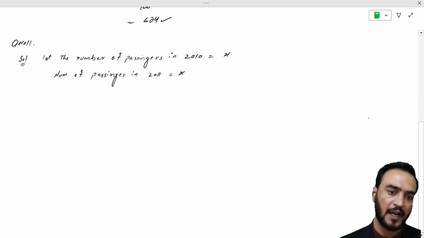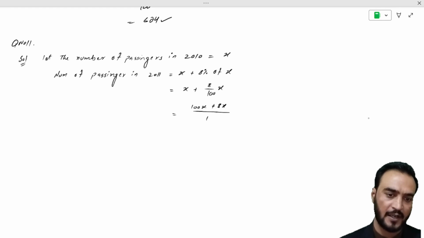So we add 8% of x to the number of passengers in 2010. So x plus 8% of x. So the number of passengers will be x plus 8% means 8 over 100 times x. It means that if we take the LCM, we get 100x plus 8x divided by 100.